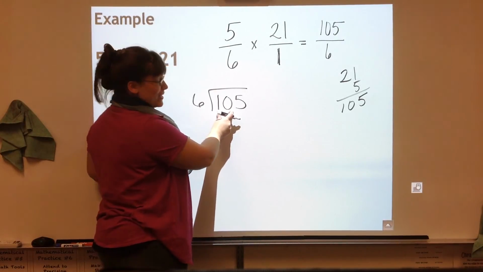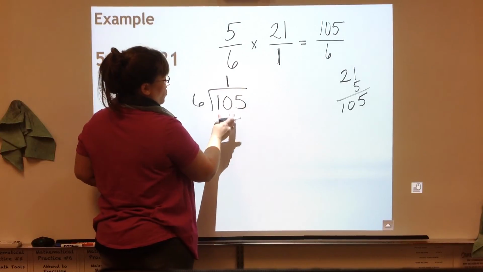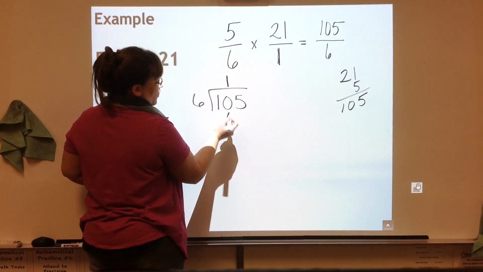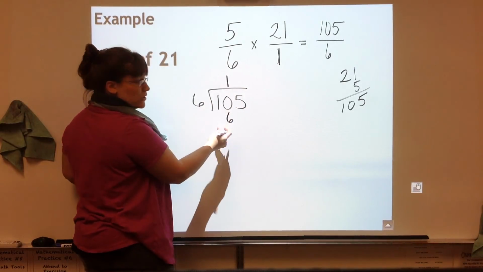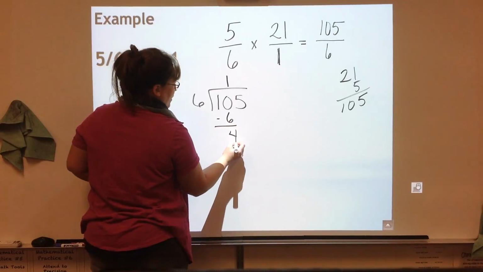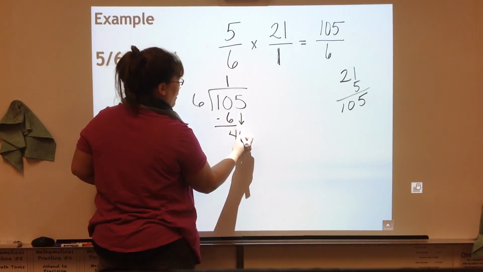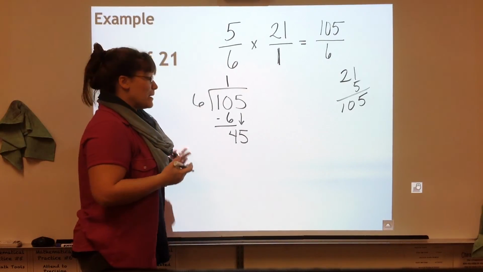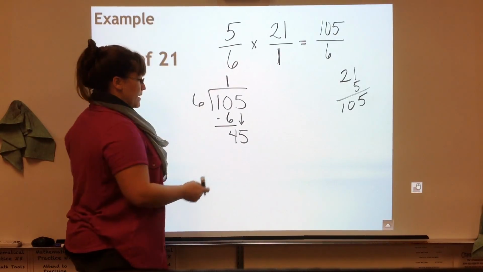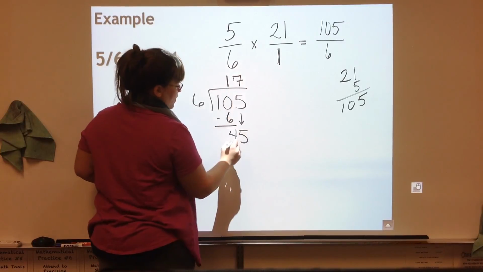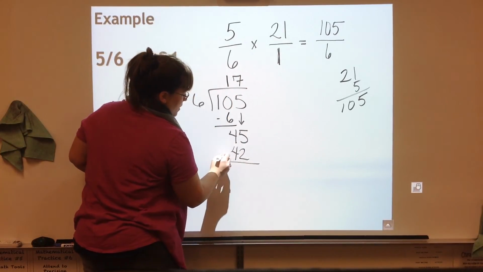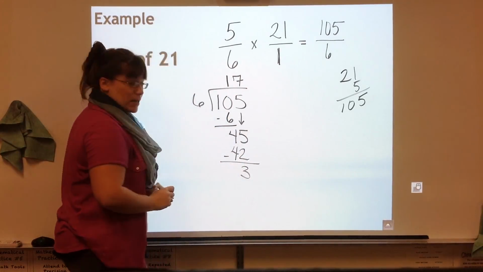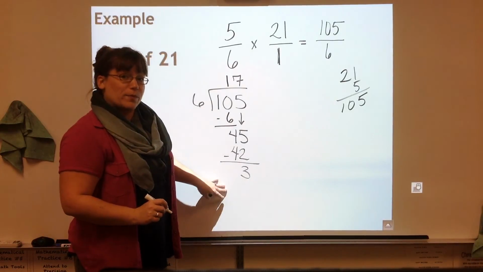What times 6 is close to 10? I can only do 1, so I'm going to put the 1 above the 0 and subtract and get 4. I'm going to bring down the 5, and I now have 45. What times 6 gets me close to 45? Well, 6 times 7 is 42, and then we have a 3 in the remainder.